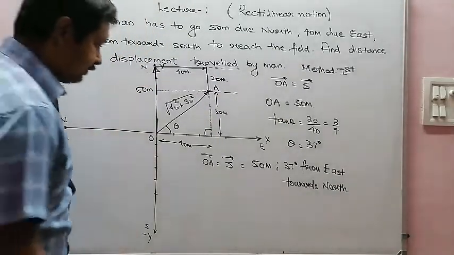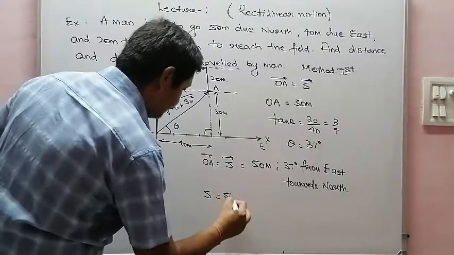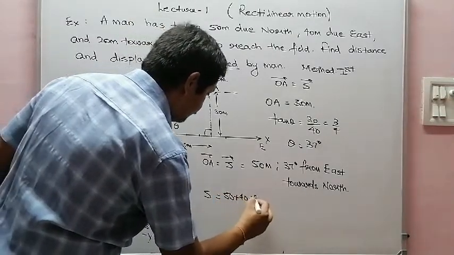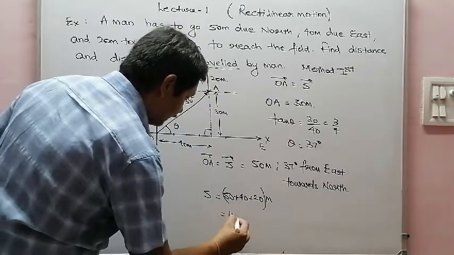Now again, distance is the length of the path. So length of the path becomes 50 plus 40 plus 20 meter, that is 110 meter.